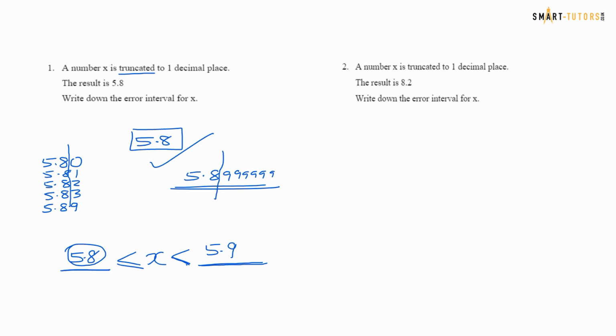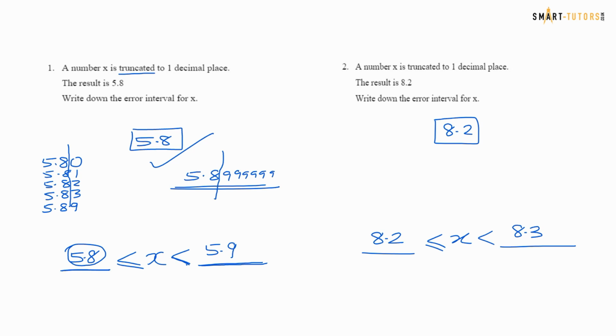Question number 2, the number x is truncated to one decimal place is 8.2. Now I'm going to draw this error interval answer. This is how it's printed in the actual exam. We need to find the two numbers. So the answer is 8.2. What is the minimum number? The minimum number is going to be 8.2. The maximum number is going to be 8.3 because that is not equal.